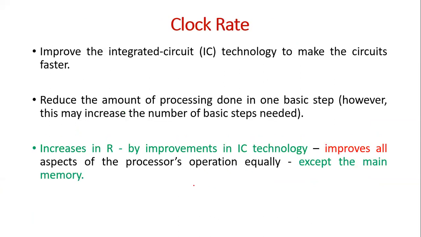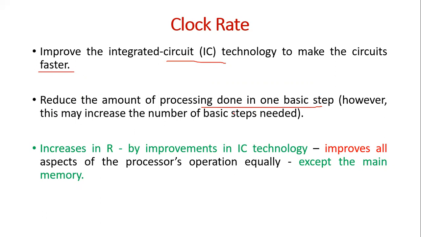Then we will see how to increase R, the clock rate. There are two ways to increase the clock rate R. One is by improving the IC technology to make the circuits faster, so that the circuit works faster, and by that you can increase the clock rate. Another way is by reducing the amount of processing done in the basic step.